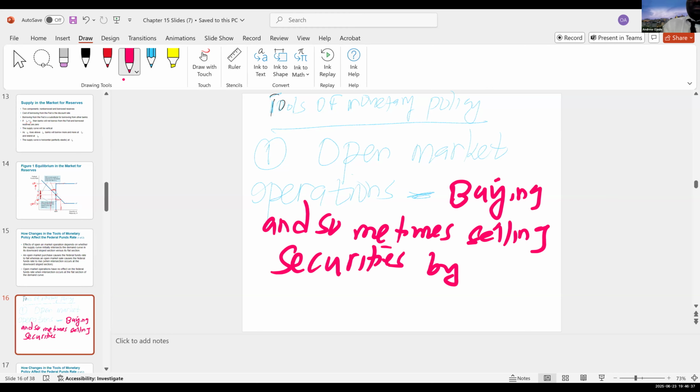Okay, so let's illustrate this first case. Putting the interest rate on this axis, and the quantity of reserves in the banking system on this axis, let's say this is my supply curve, RS1. The flat portion determines the discount rate.